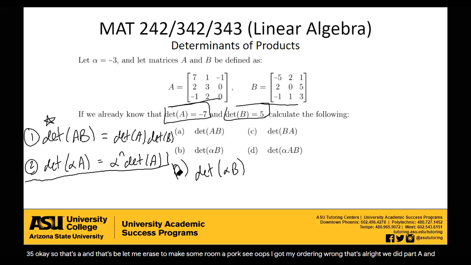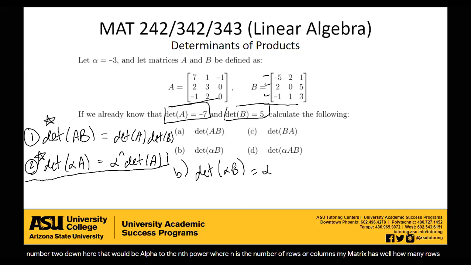What is the determinant of alpha times B? Well, according to rule number 2 down here, that would be alpha to the nth power, where n is the number of rows or columns my matrix has. How many rows or columns does B have? It has 3.